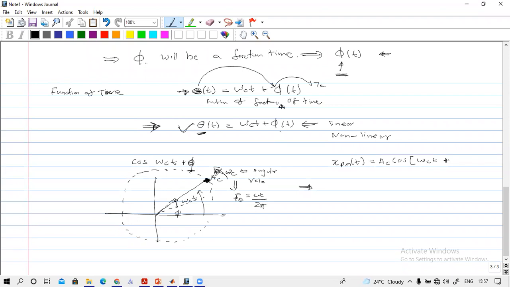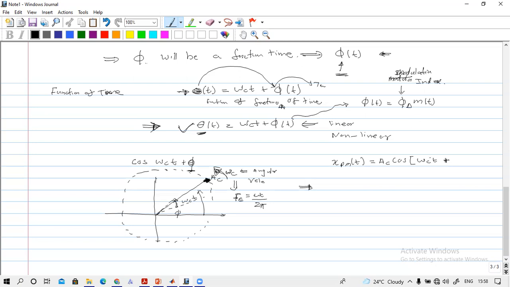So we are changing this phi according to the message signal, no? So this phi t will become a function of the message signal. Normally we write it as phi = delta m(t), and this delta we call the modulation index.